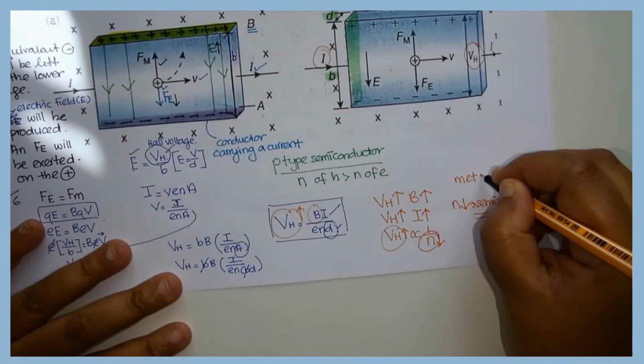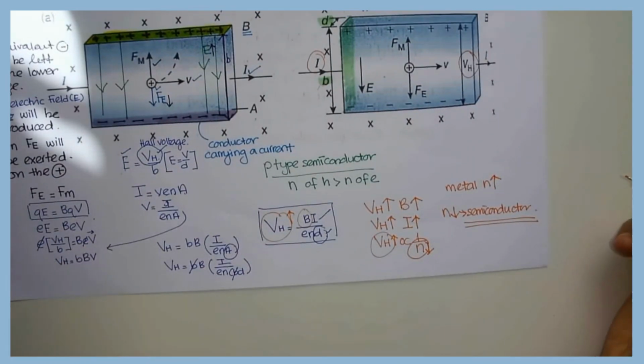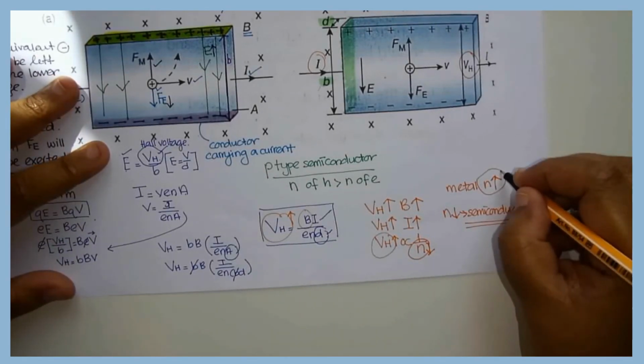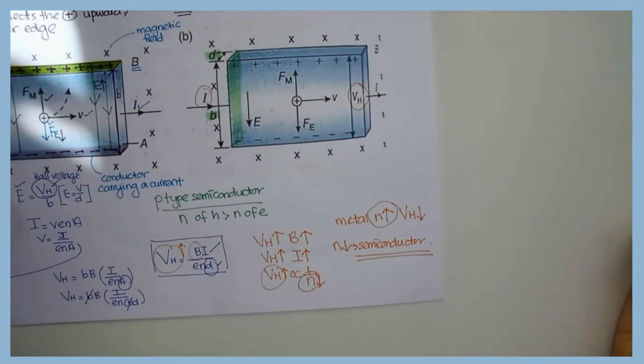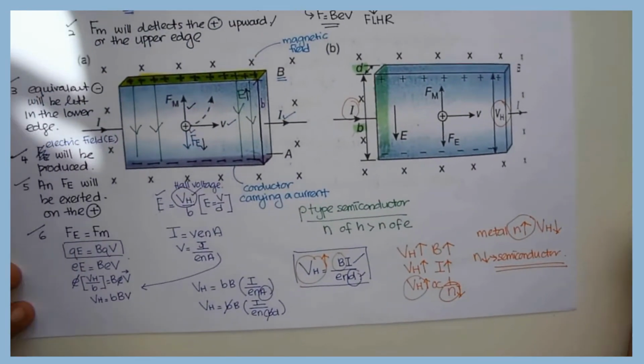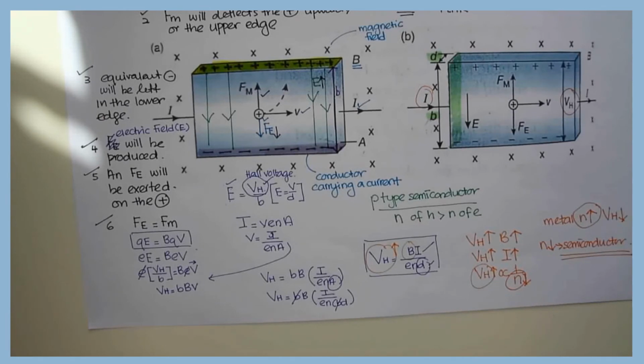In the metal or in the conductor, the n, number of charge carriers per unit volume, is greater. That's why the VH is lesser. So this is the lesson for today about Hall voltage.